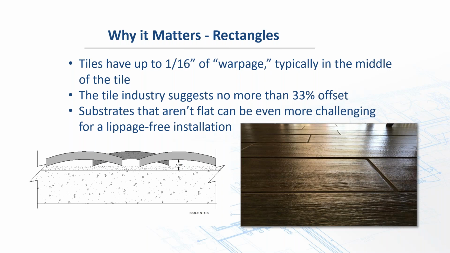Because the highest part of one tile is the middle of the tile. In other words, if there's warpage, it's typically in the middle of the tile. The flattest part is the edges. So the last thing you want to do is line up the lowest parts of the edges to the middle part of the tile in front of it. It just makes the lippage all that much worse and really, really looks bad. So it's recommended in ANSI that we do a 33% offset. Anything greater than that needs to be approved by mock-up.